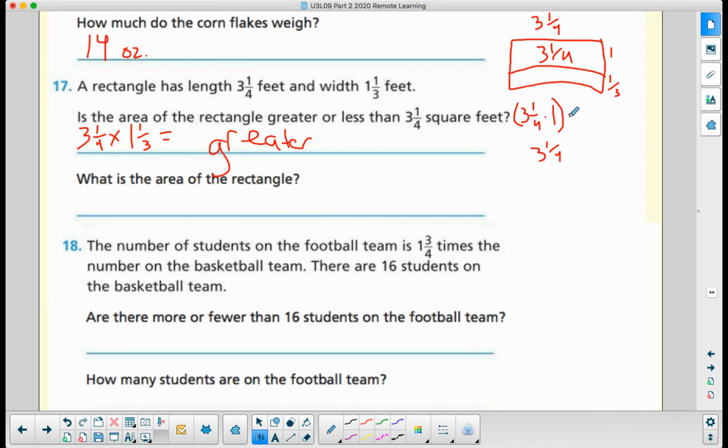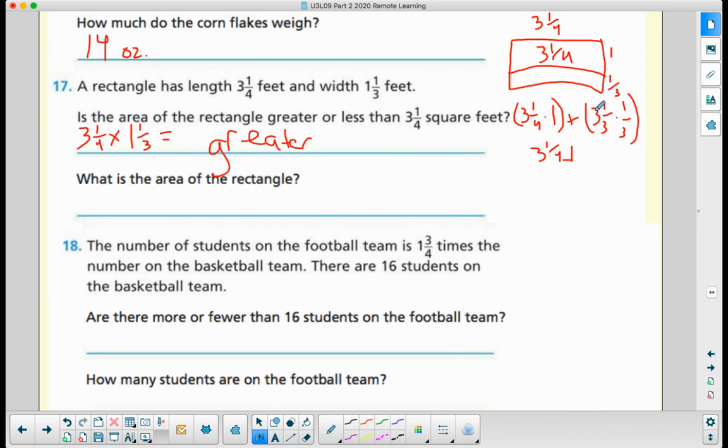Now, I'm going to add to it this other rectangle, 3 1/4 long by 1/3 wide. I'm going to use a shortcut on you.